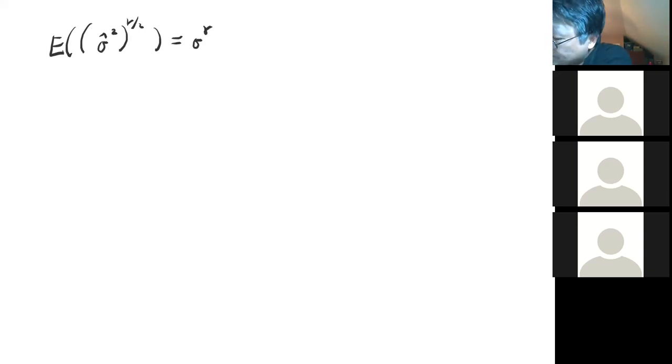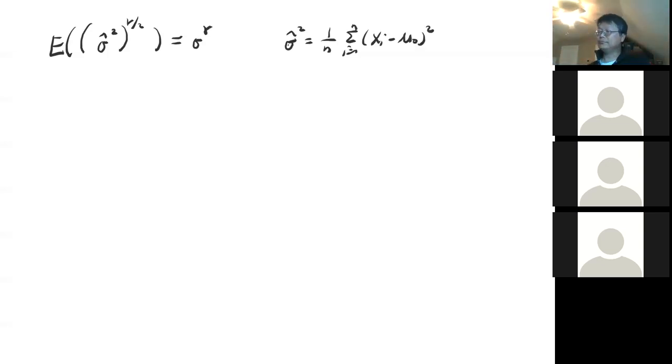Any questions? Okay. So say this is (1 over n) summation from i equals 1 to n of (xi minus mu 0), then taking the power. I'm trying to work on one thing.